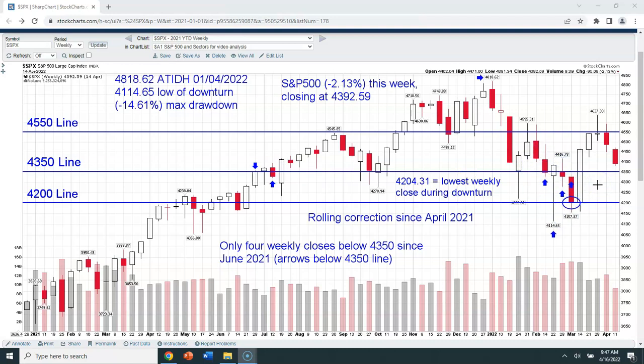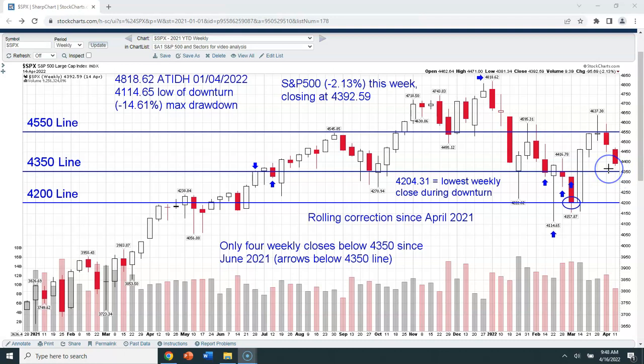That's it. Okay, so what this shows us is just how important this 43.50 level is, guys, and the fact that we're less than 50 points above it. We're at 43.92.59 right now, so we're less than 50 points above where we closed on Thursday the 14th. We're less than 50 points above this 43.50 level.